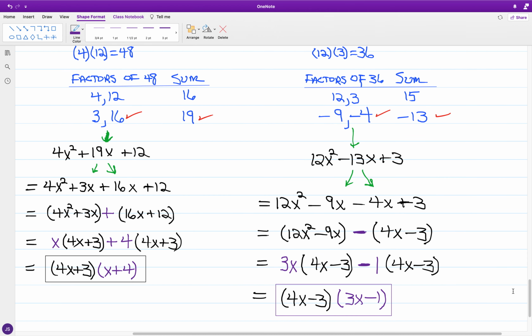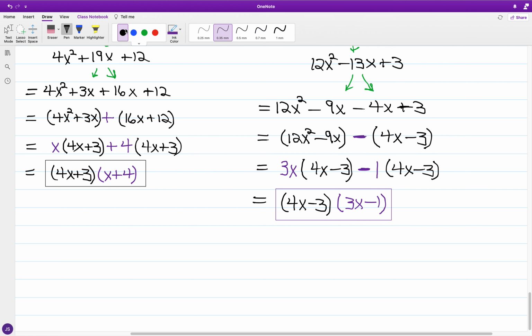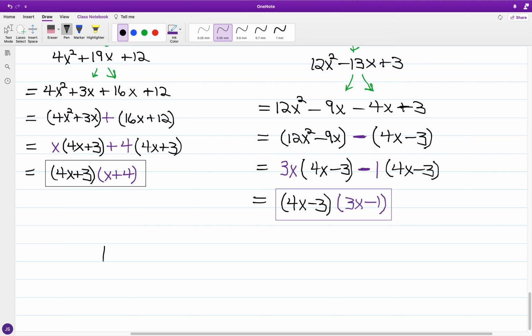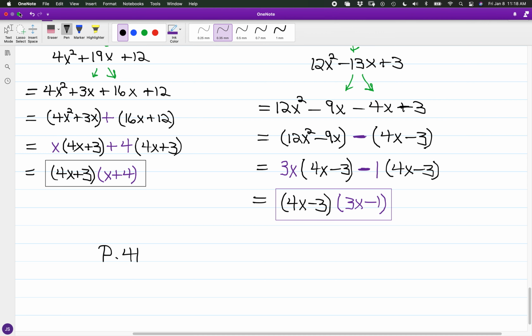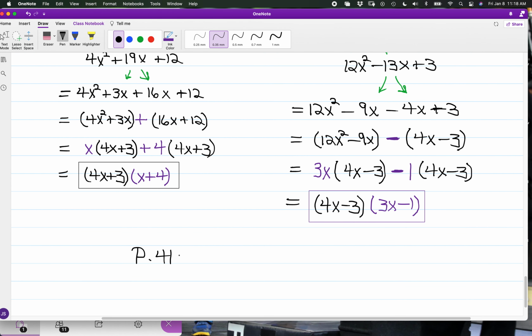All right, and just some items to go ahead and be looking into. On page 41, this is not to turn in, sort of like for practice.